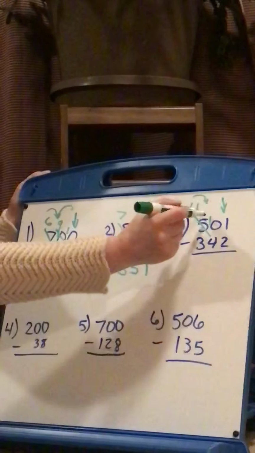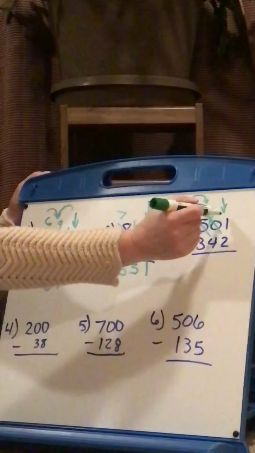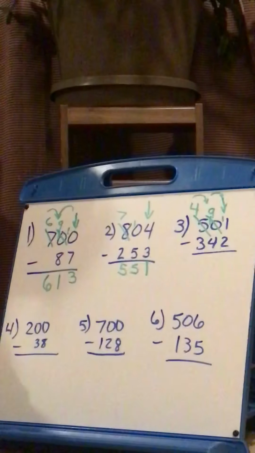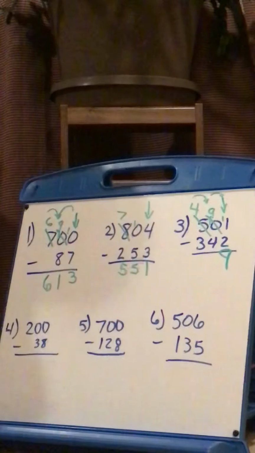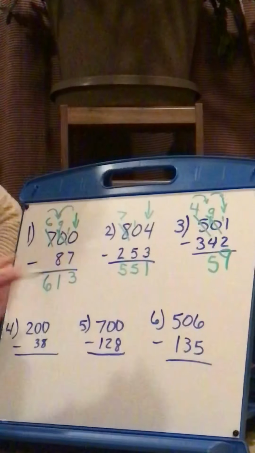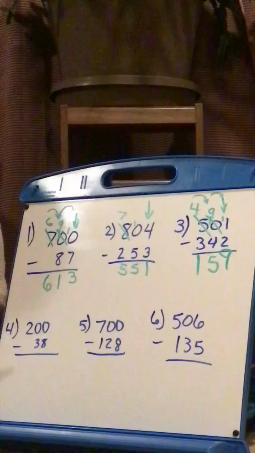That 2 still needs some help. So I'm going to cross out the 10 and make that a 9. And I bring the 1 back over to here. So now I have 11 minus 2. That's 9. 9 minus 4 is 5, and 4 minus 3 is 1. So I have 159. Okay?